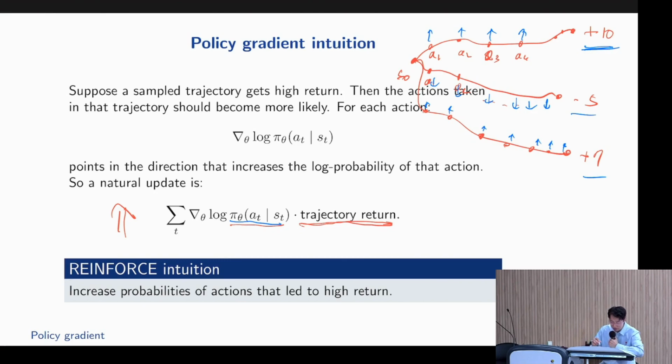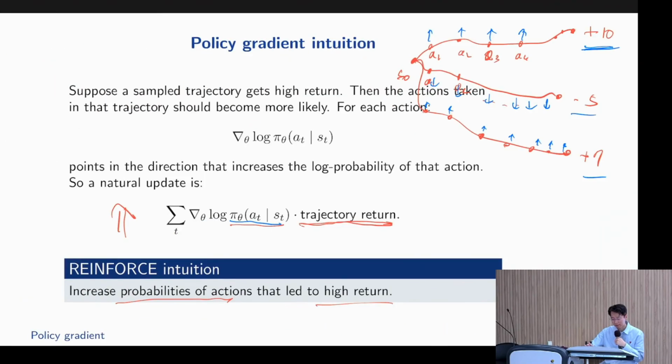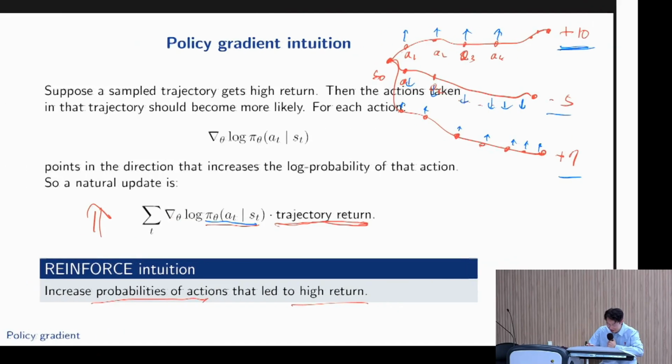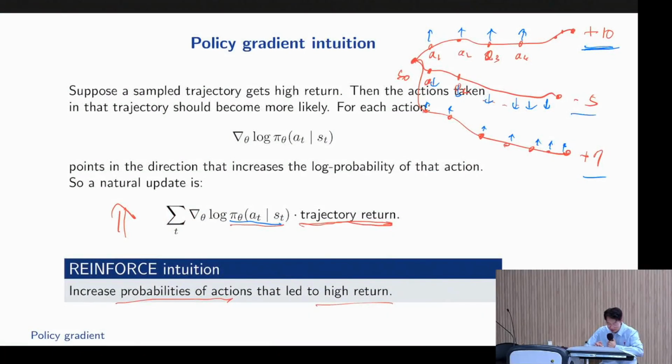We want it to be more probable that these actions are taken if they landed in high return. Once again, ChatGPT switched the order, and I personally don't like this. I like to start from here and derive it, but this is the end result and what it means.